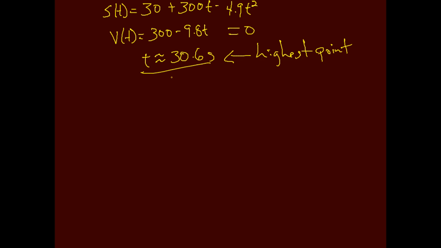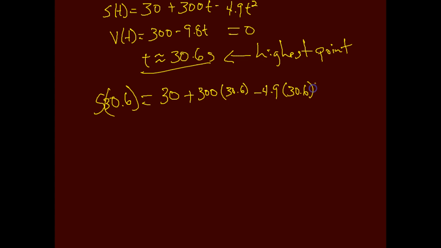So the position is s of 30.6, which is going to equal 30 plus 300 times 30.6 minus 4.9 times 30.6 squared. And this gives us a position of approximately 4,622. Okay, so this is 4,622 meters.